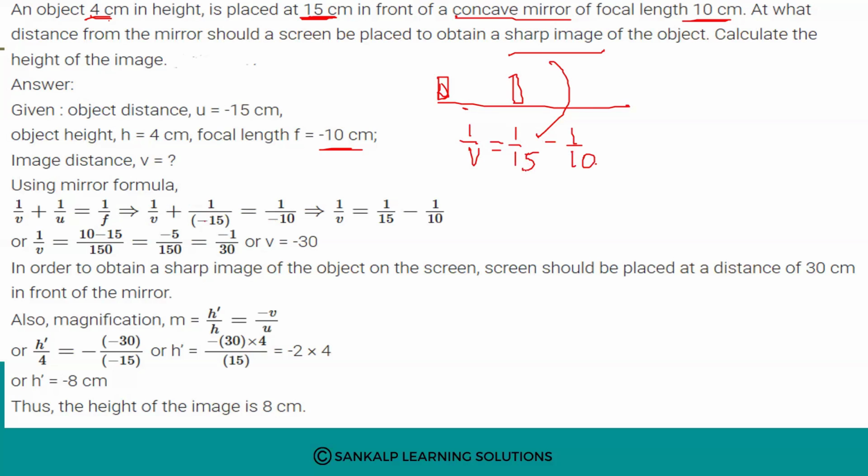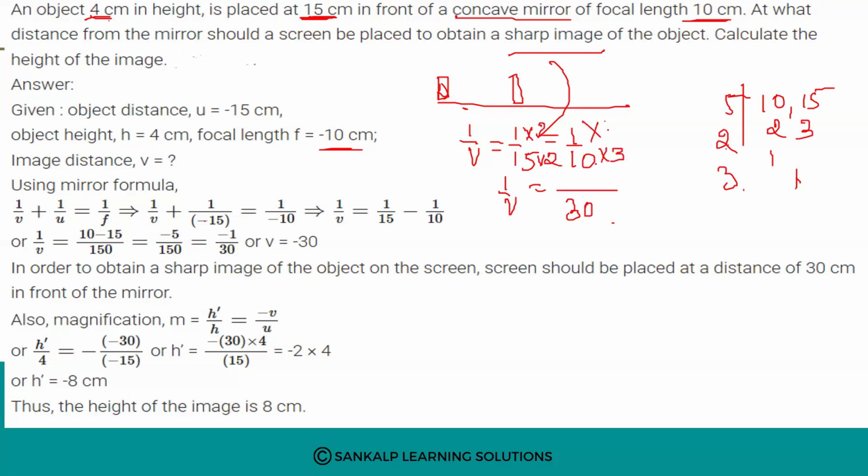So that can be written as 1 by 15 minus 1 by 10, right? Now, 15 and 10 are there. 1 by v is equal to, LCM of 10 and 15 is 30. 10 threes are 30, 15 twos are 30.